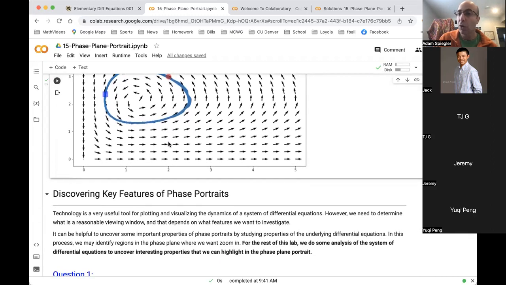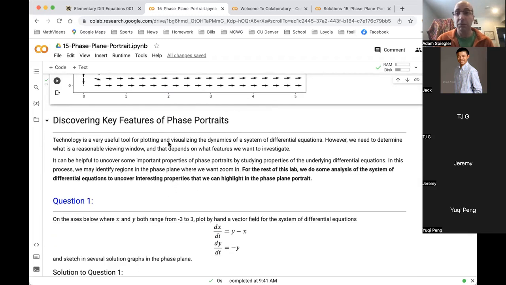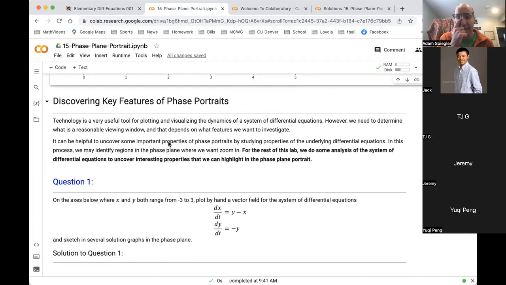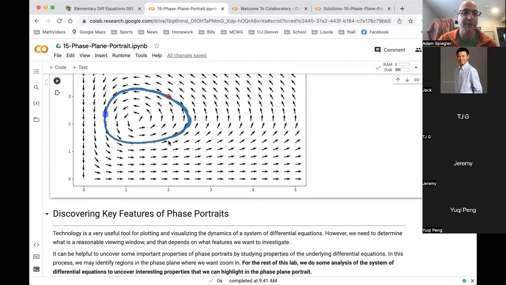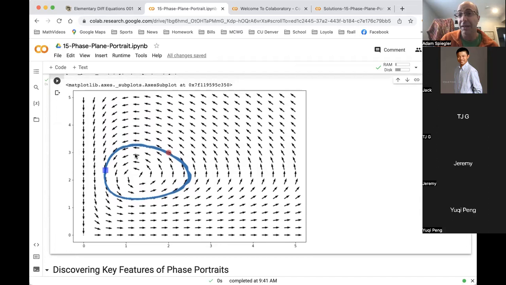Okay, so for the rest of this time, let's think about how we can uncover some interesting features in these phase planes. For example, here, probably the interesting feature is this equilibrium right inside the center point of all of these cycles. If I were plotting this in Python, I need to tell Python where these interesting features are.